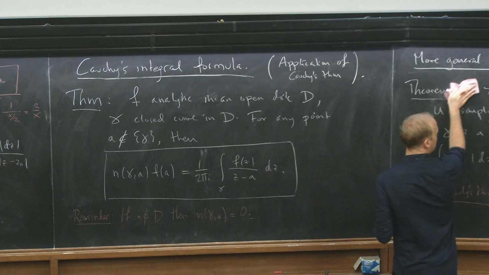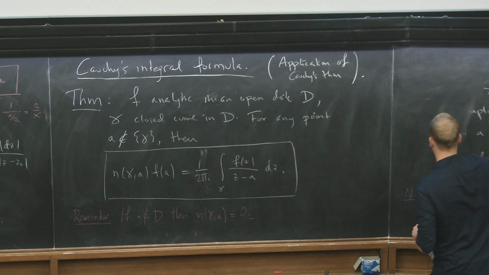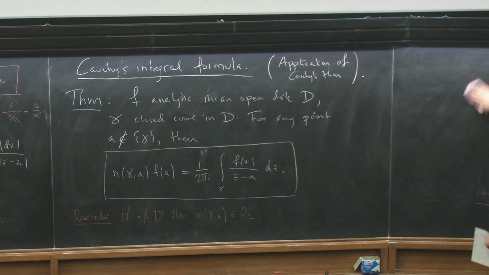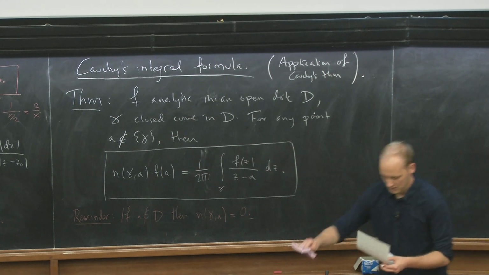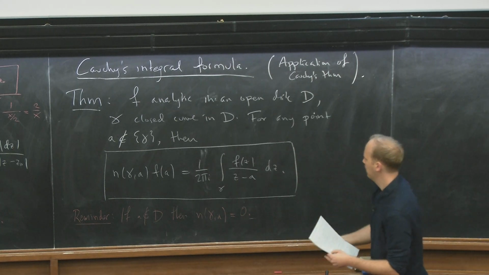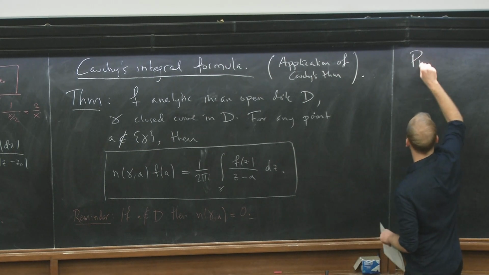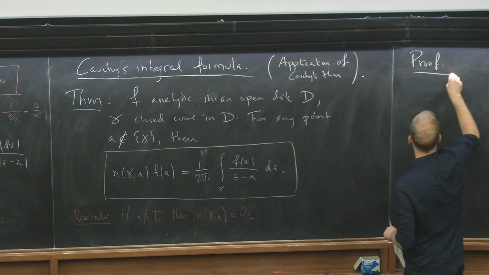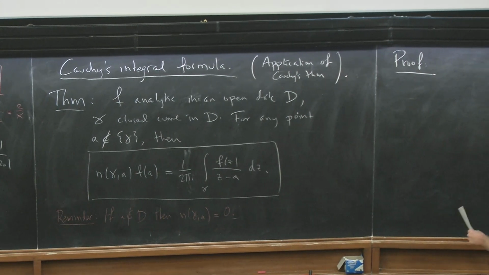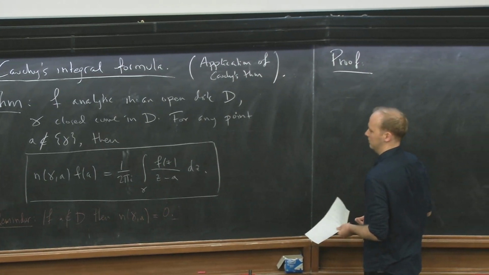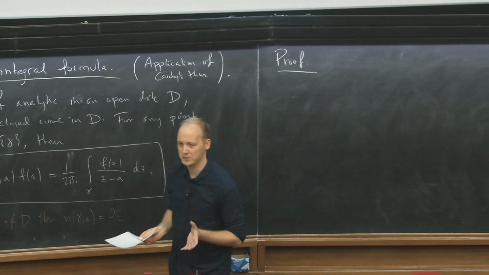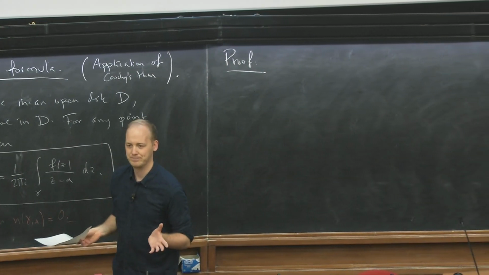So now let us prove also this. So we are doing a lot of proofs in rapid succession here today of all these integral theorems. So how can we prove this? So proof. So the proof is that we want to come up with some smart function to which we can apply Cauchy's theorem.